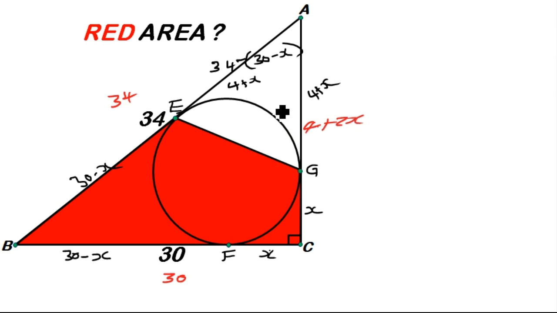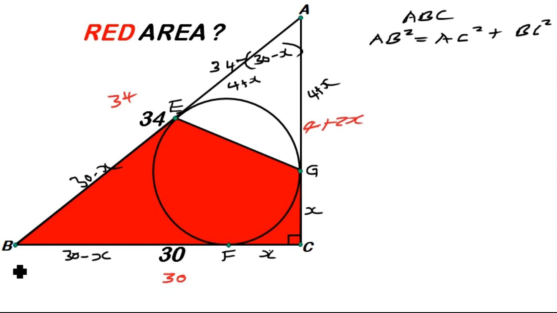Taking triangle ABC, the longest side is AB, so the hypotenuse squared is equal to AC squared plus BC squared.